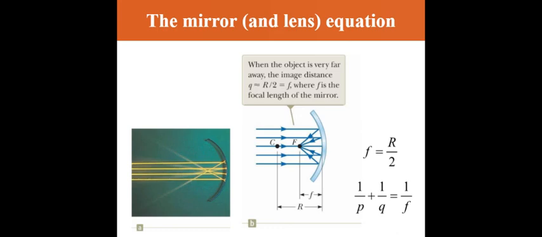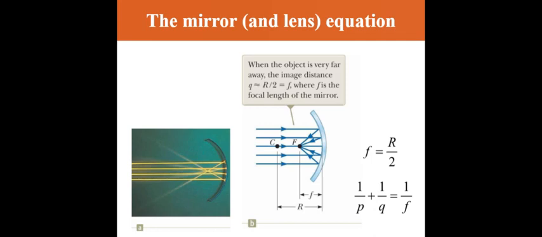So another important property of the mirror is its focal point. We said that the concave mirror tends to converge its incident light rays, so rays get reflected and come in toward the central axis.